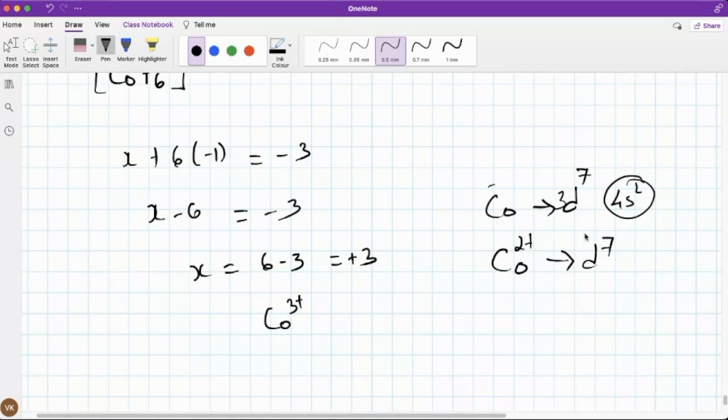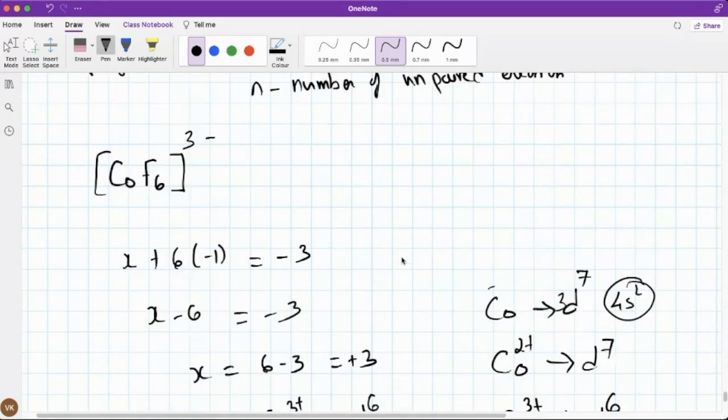When it is cobalt 3 plus, one more d electron will go away, then it is D6. So now what is the geometry here? You have 6 ligands. 6 ligands means whether it's octahedral or tetrahedral.